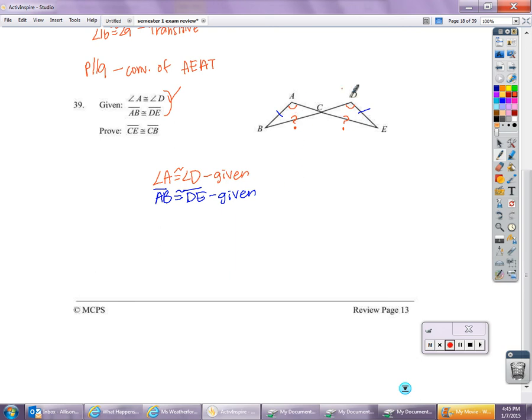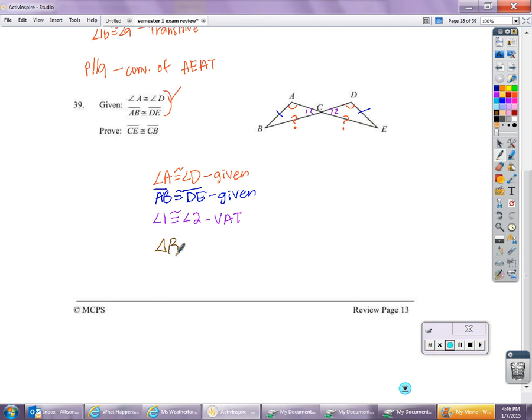Alright. I'm looking at these two triangles and I'm asking myself if they're identical twins. Are they congruent? Well, I do know that these angles are congruent because of vertical angle. Now, I'm a little bit lazy, so I'm just going to call them angle 1 and angle 2. Angle 1 is congruent to angle 2 because of vertical angle theorem. Alright. And finally, I know these two triangles are the same.